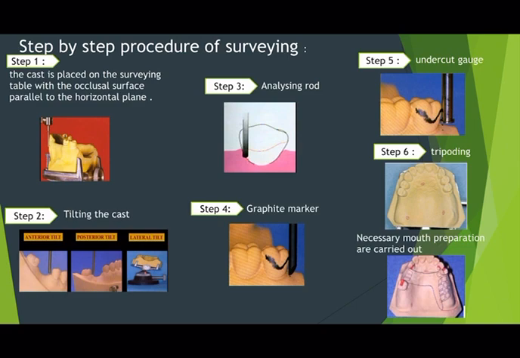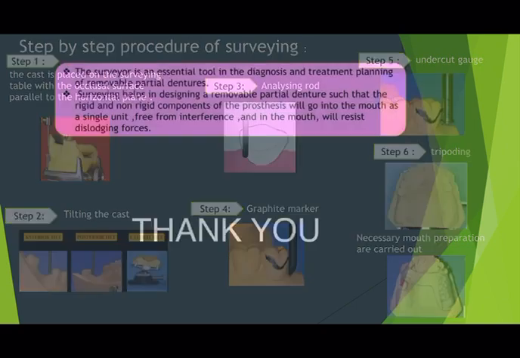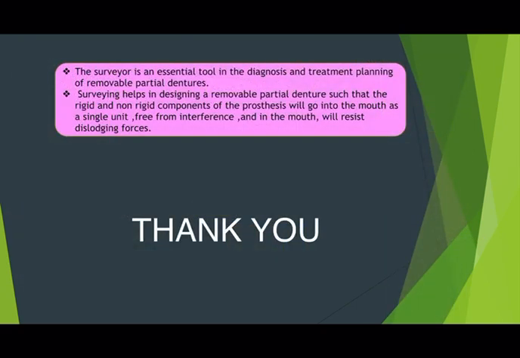And step 7, tripoding can be done. After that, necessary mouth preparations are carried out. So, the surveyor is an essential tool in the diagnosis and treatment planning of removable partial dentures. Surveying helps in designing a removable partial denture such that the rigid and non-rigid components of the prosthesis will go into the mouth as a single unit, free from interferences, and in the mouth will resist dislodging forces.